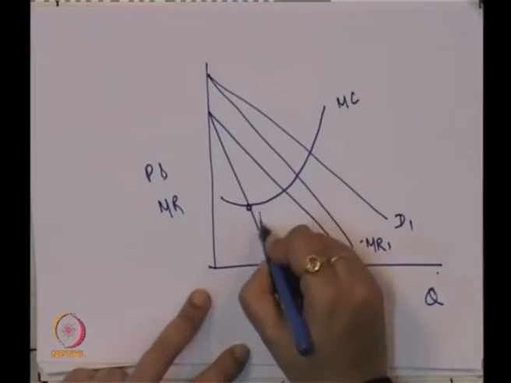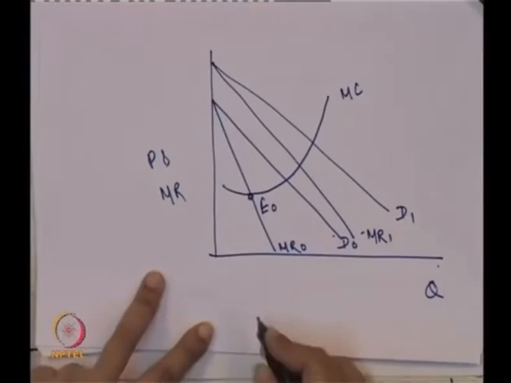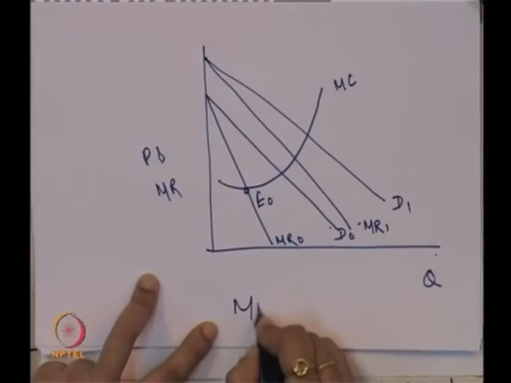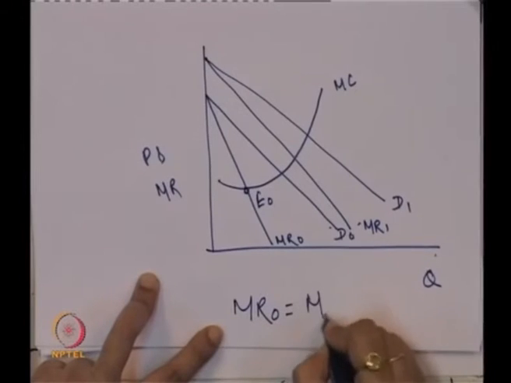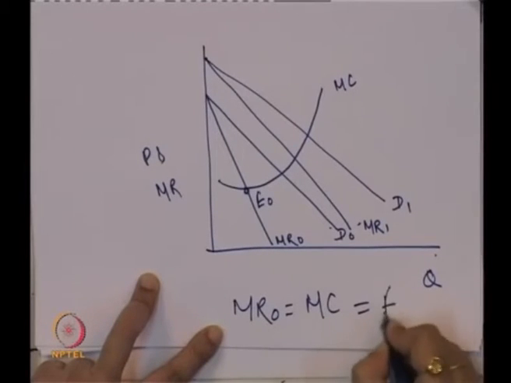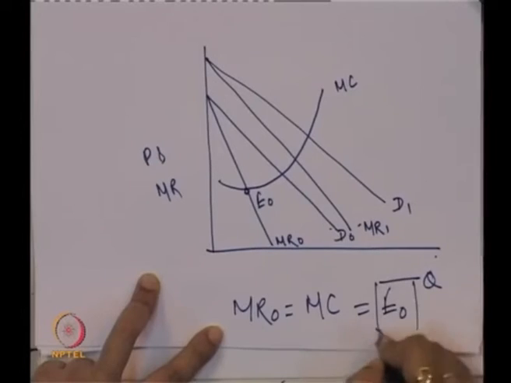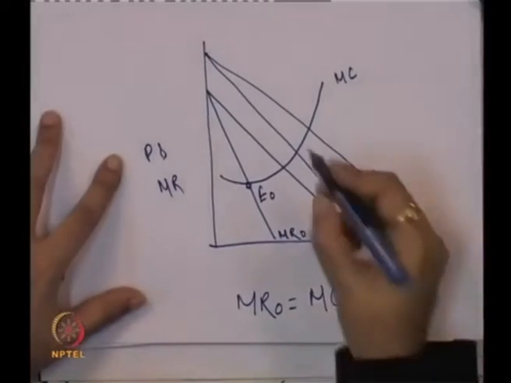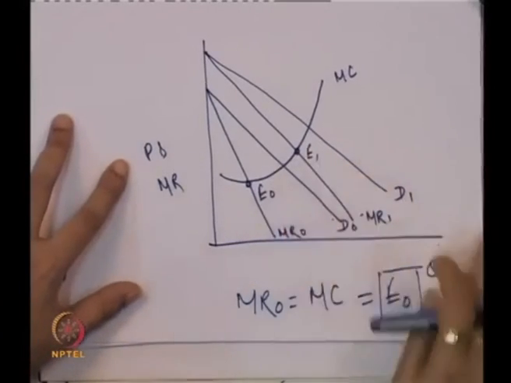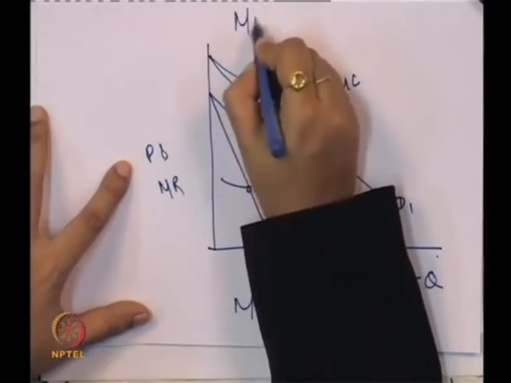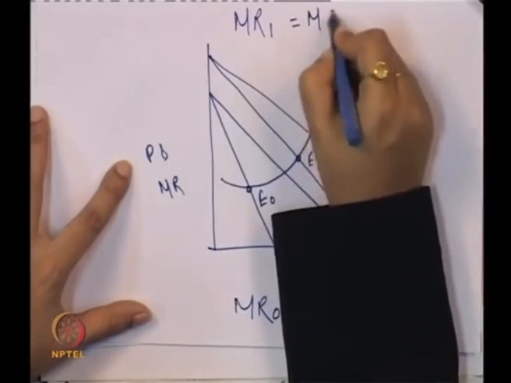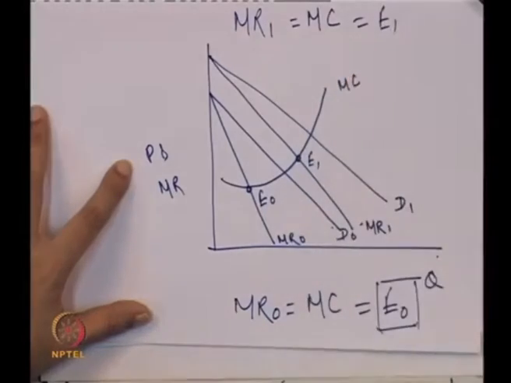So, we get point E0, which is the equalization of marginal revenue and marginal cost, and we get another point E1, which is the equalization of MR1 and MC.